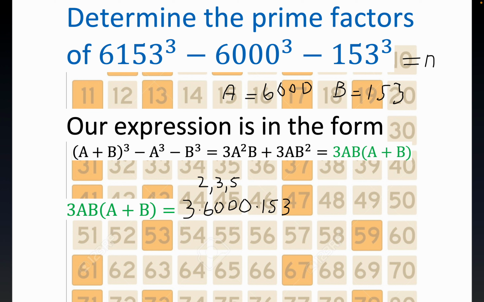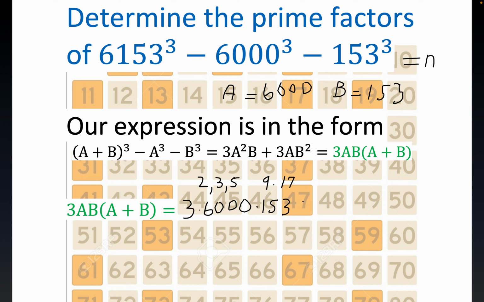Now what about 153? Well, this is the same as 9 times 17. Okay, all right, now let's see. Do we have everything here? We have 3 times ab, which is this.